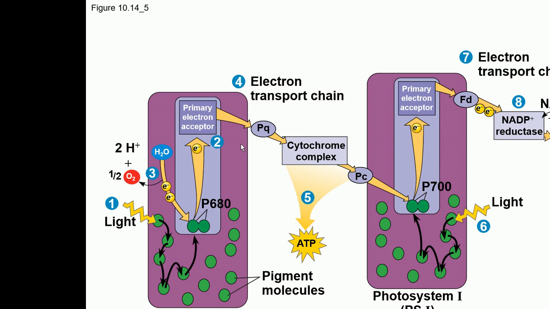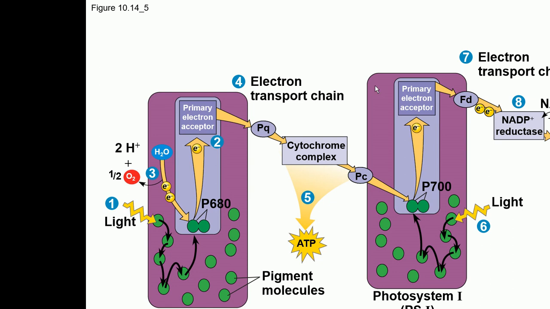It is basically a set of protein complexes embedded in a membrane. In cellular respiration, we talked about protein complexes embedded in the inner membrane of mitochondria. But here in photosynthesis, the electron transport chain is a set of protein complexes embedded in the thylakoid membrane, between these two photosystems.